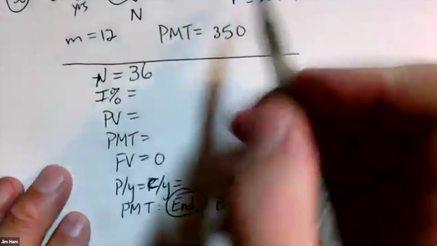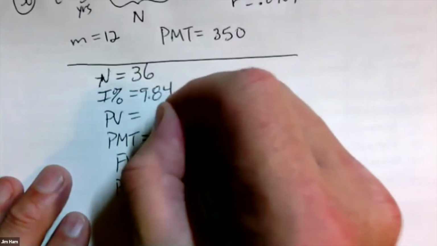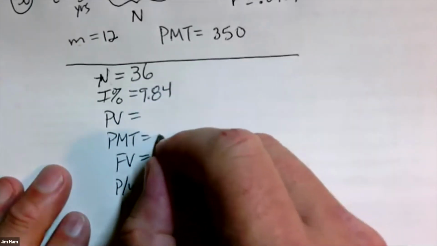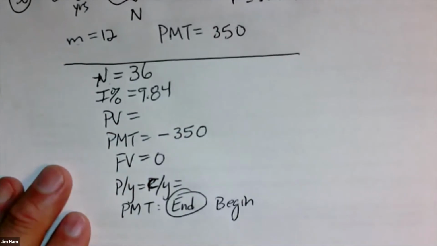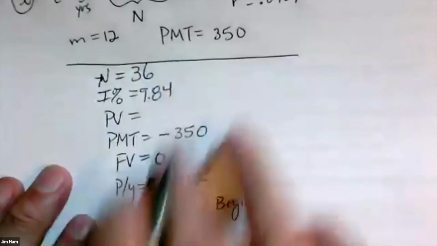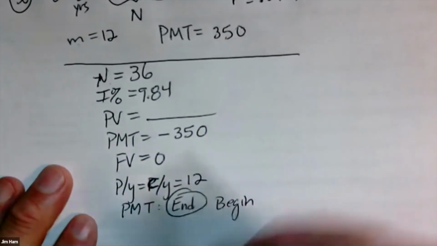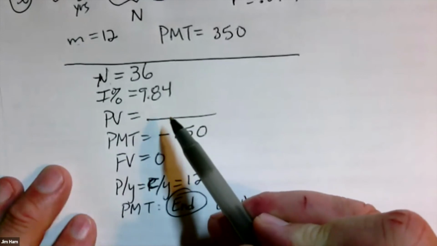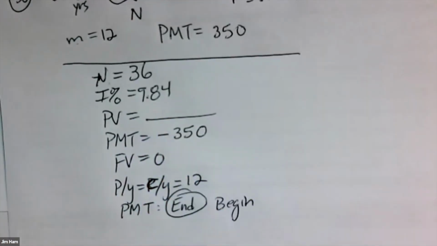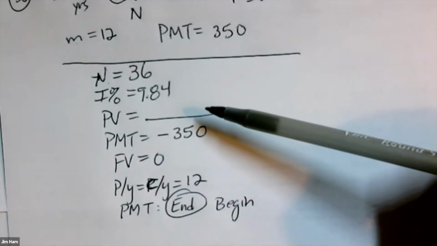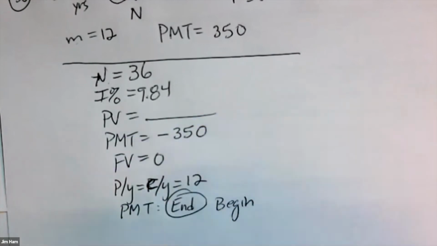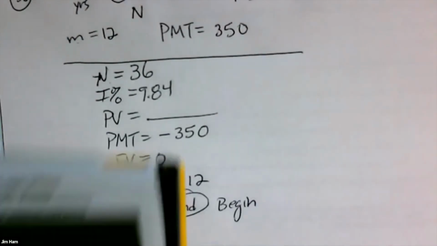We've identified N to be 36, I% to be 9.84. We know the payment is $350, but remember, we have to put that in as negative $350. And generally, we make monthly payments when we buy a car. So we know all of the inputs except the one we're looking for. This is the value of the loan that you can take out if you wanted to buy a car. If you can afford $350 as a monthly payment, then this is the value of the car you can purchase. Well, the loan amount and the value of the car are almost similar.